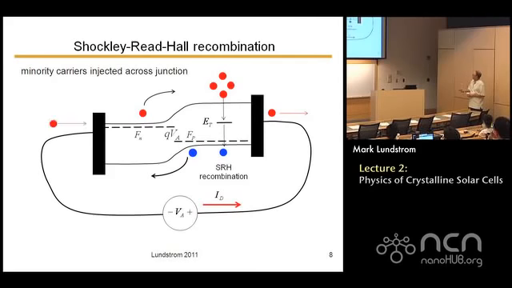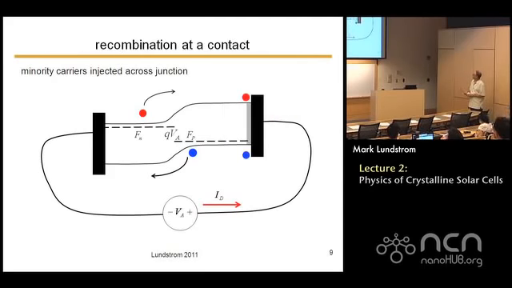So it recombines, we send the electron around the external circuit. But the electrons, remember, the property of these contacts is we would like this electrode on the right side to allow electrons to come in and out of the valence band. But we would prefer if they just blocked minority carriers and kept them away from the contact.